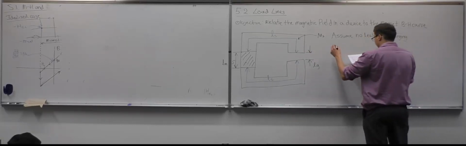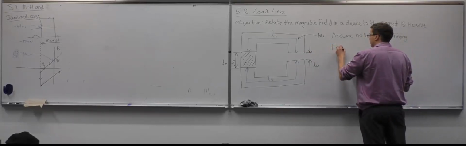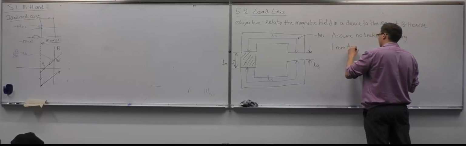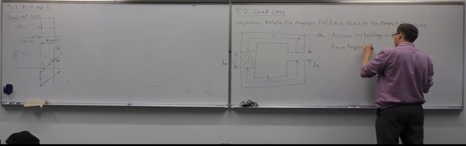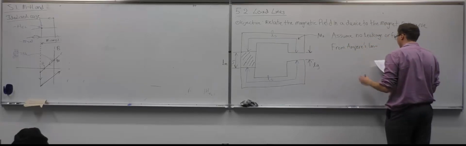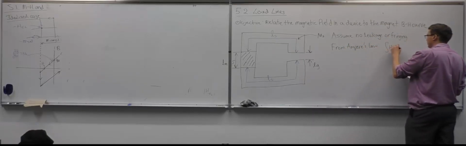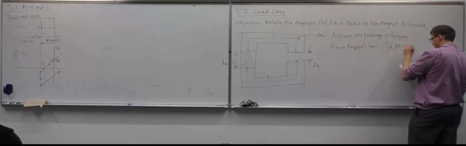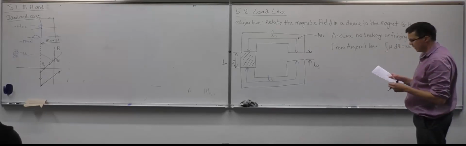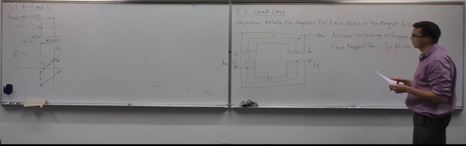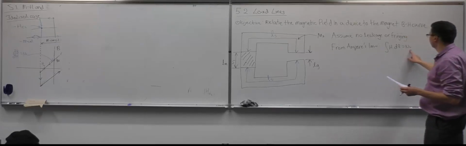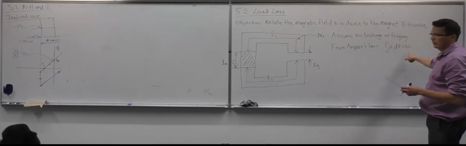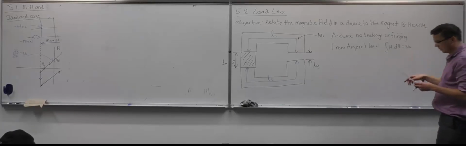So now from Ampere's law, we have the closed integral of H dl equals Ni. Now in this magnetic circuit we don't have any Ni, any current. So the right side of this is 0.